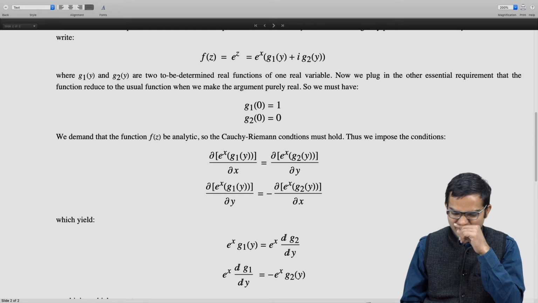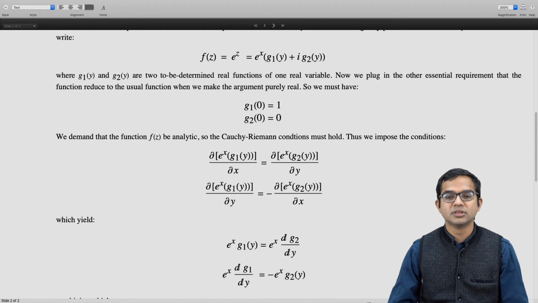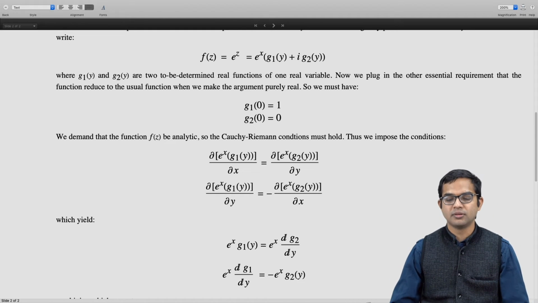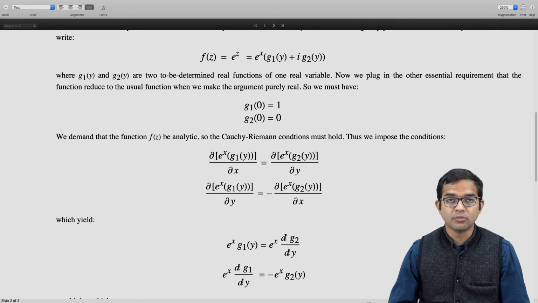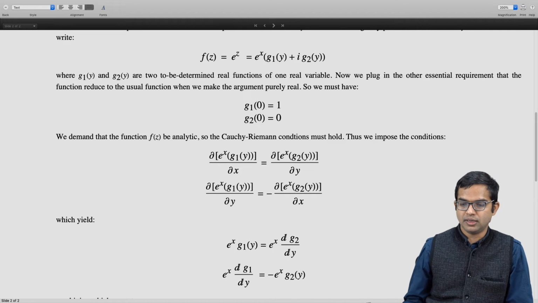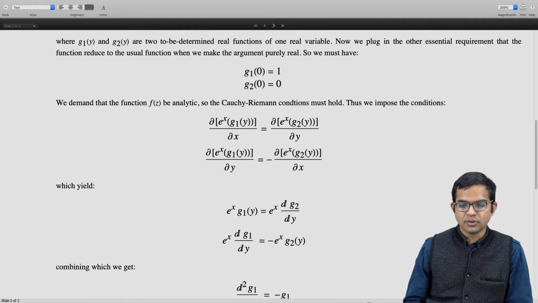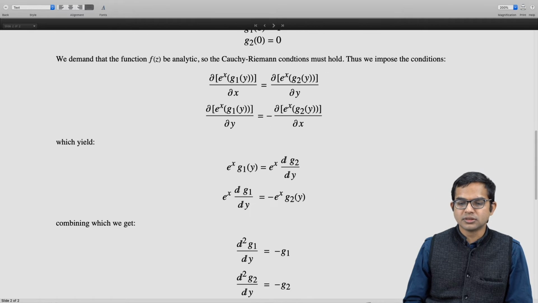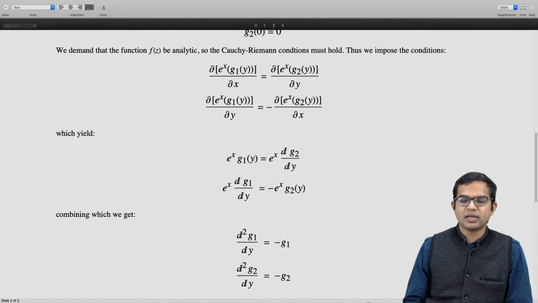The second equation becomes e to the x times dg1 by dy must be equal to minus e to the x times g2 of y, right? If we combine these two conditions, e to the x cancels throughout, so g1 of y is equal to dg2 by dy, but g2 of y is minus dg1 by dy.